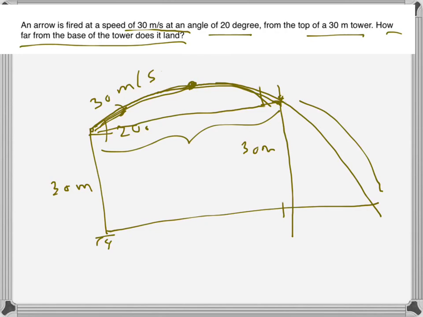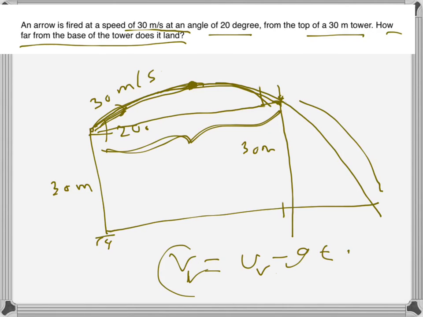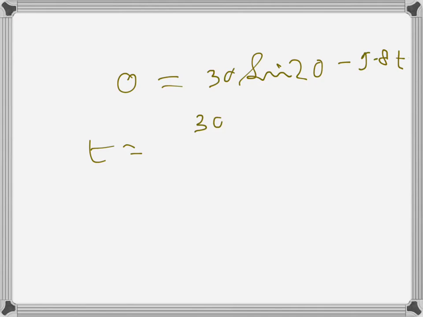So if we use this equation, v = u - gt, because initially it's decelerating when it's ascending, v vertical is 0 at maximum height, and initially it's 30 sin 20 degrees, minus g, which is 9.8, times t. So t will be 30 sin 20 degrees over 9.8.